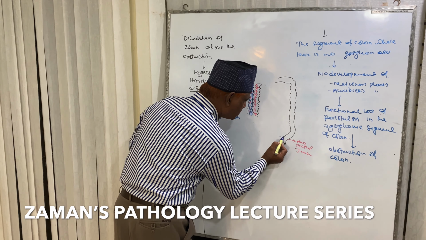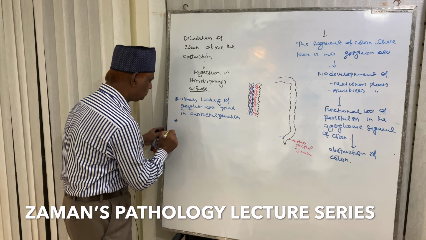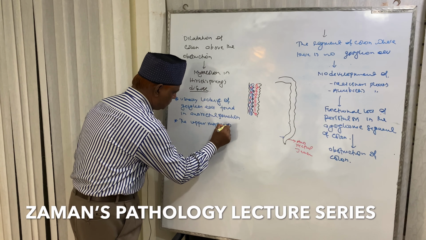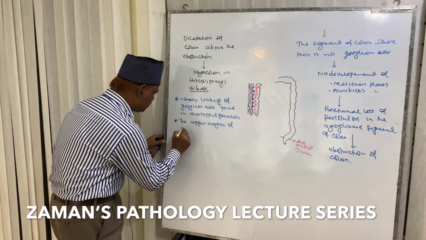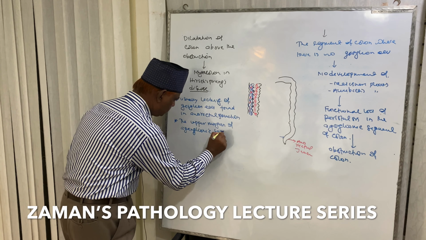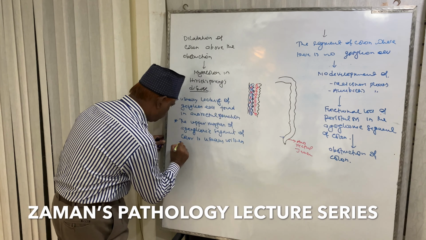So at this site there will usually be absence of ganglion cells, and the upper margin of the aganglionic segment of colon is usually within the rectum.